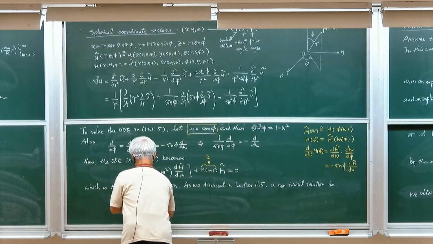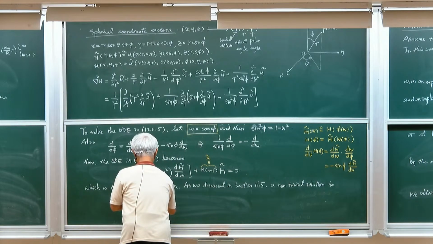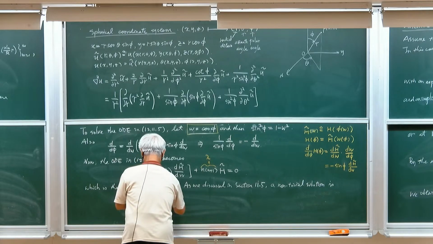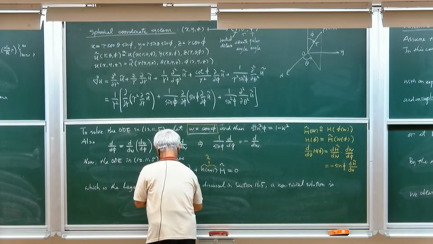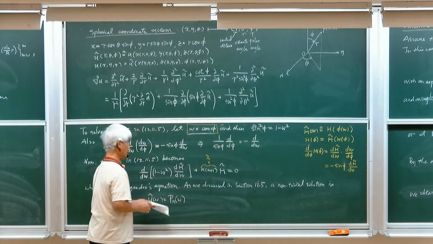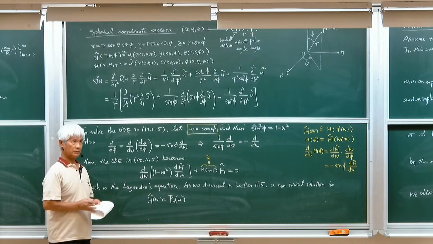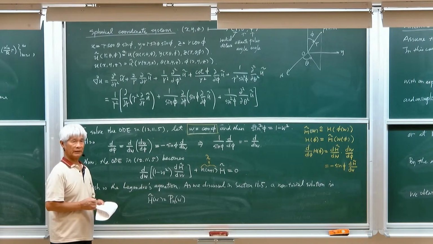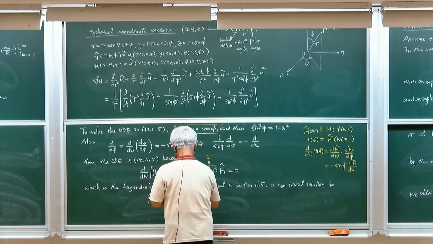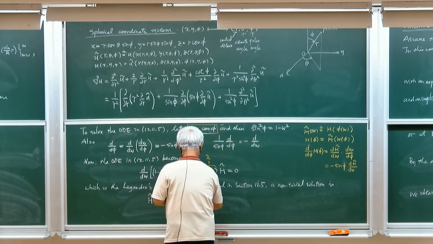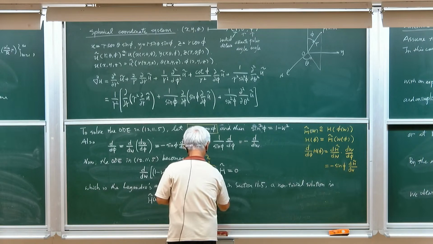It's h tilde w equal to Pn of w. So Pn is the Legendre polynomial of degree n, okay. So that for all n equal to 0, 1, 2, etc.